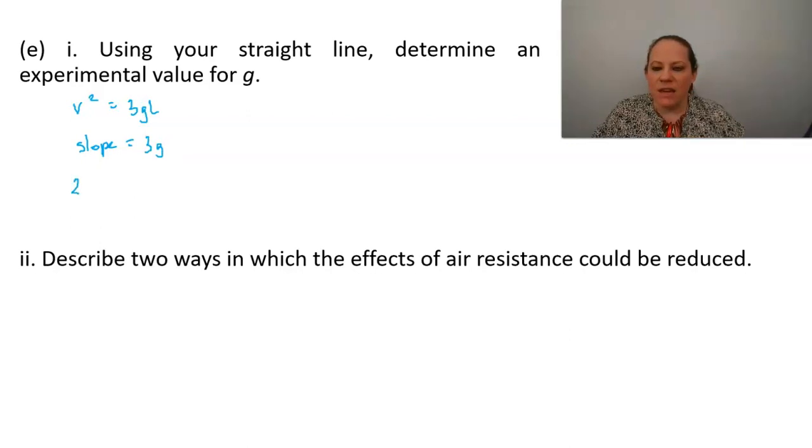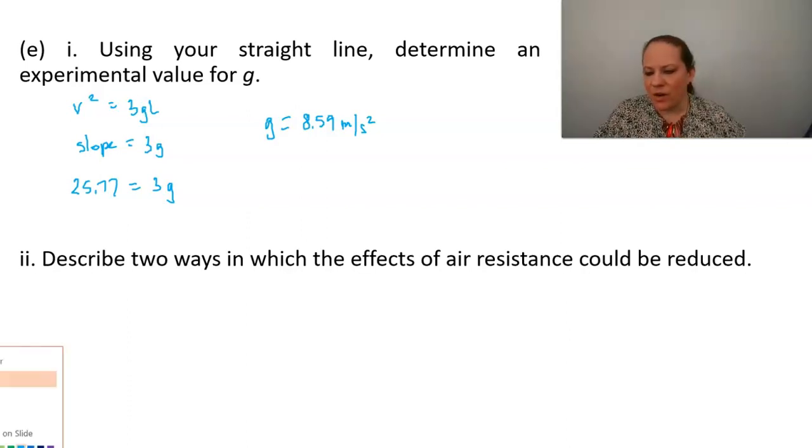And the slope I got from my linear best fit was 25.77. So that equals 3g. And I got a value for g of 8.59 meters per second squared.